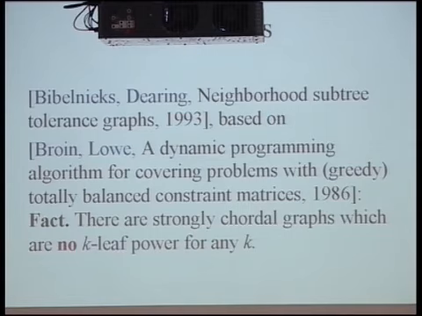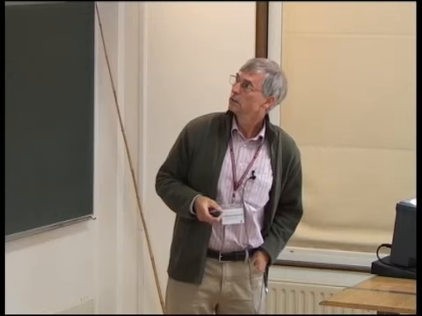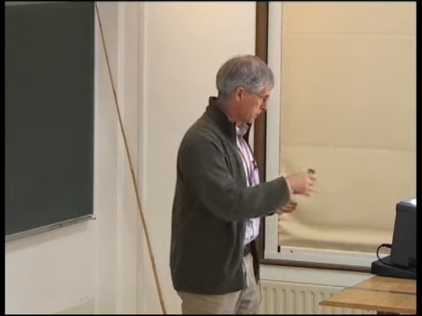And for a while we thought that this would be an open problem, but actually it's solved. You can use some background tools. For instance, this is described in a paper by Brandstädt and Wagner on neighborhood subtree tolerance graphs, based on a lemma by Brouwer and Lubiw, which is dealing with totally balanced matrices, which is again very close to strongly chordal graphs.